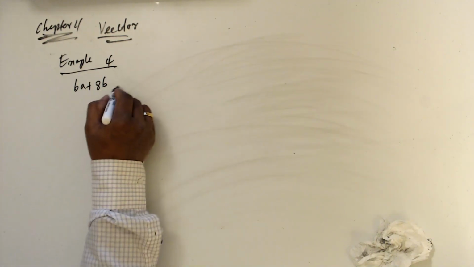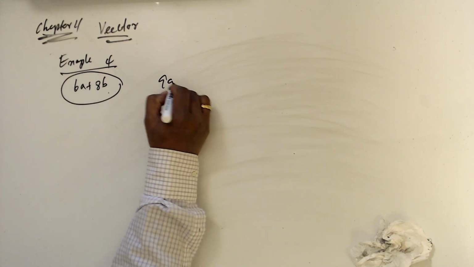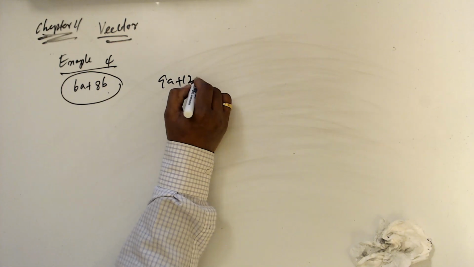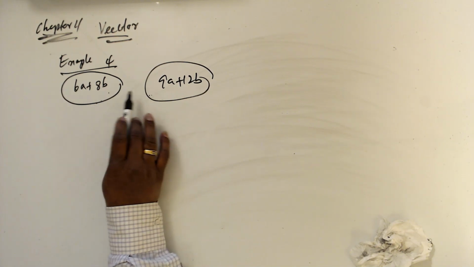In example 4, we want to show that 6A plus 8B and 9A plus 12B are parallel. So what we need to do, we want to write one as a multiple of the other.